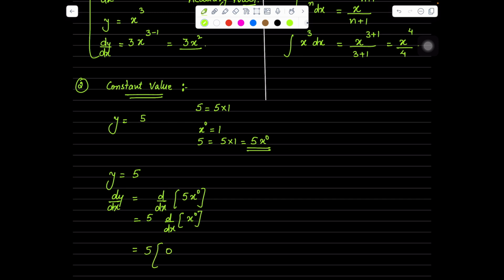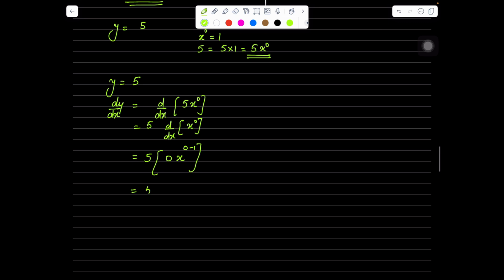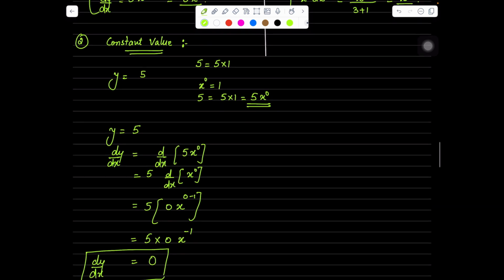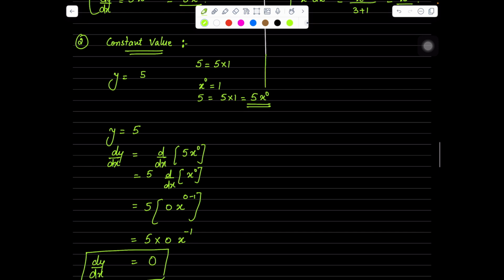I told you power shifts, 0, x raised to power 0 minus 1. If you multiply anything with 0, 5 multiplied by 0, x raised to power negative 1, it will become 0. So what do you understand? Derivative of a constant value is 0. Now let's see what will happen with the integration.